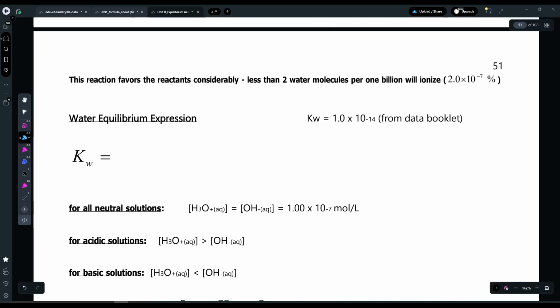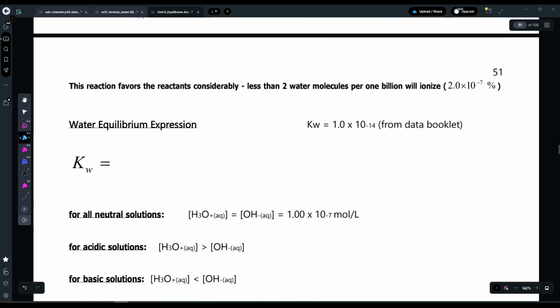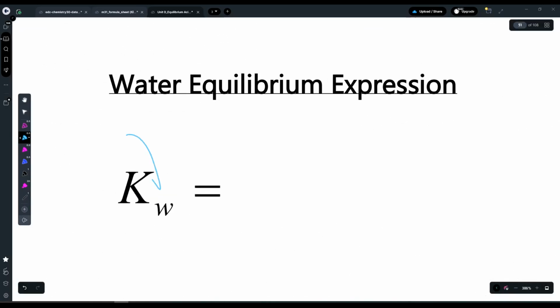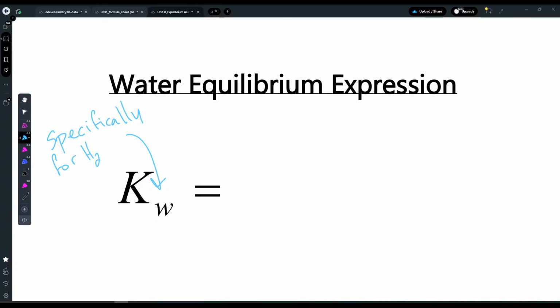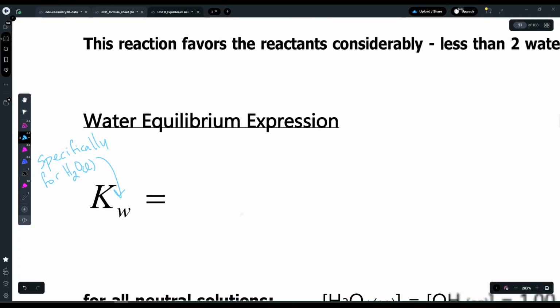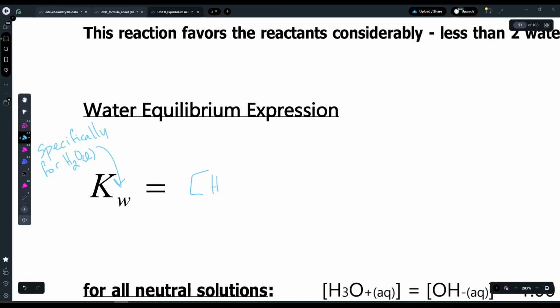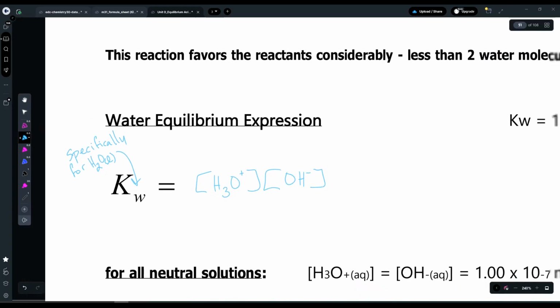So again, writing the equilibrium law expression, and we're using W to mean that this is specifically for water, it's just the concentration of hydronium multiplied by the concentration of hydroxide.